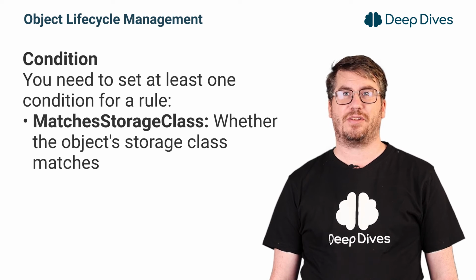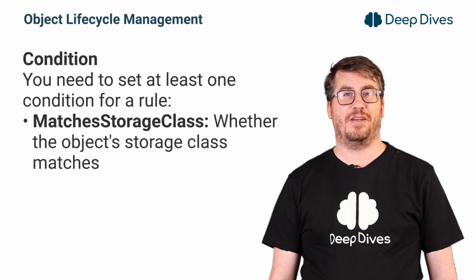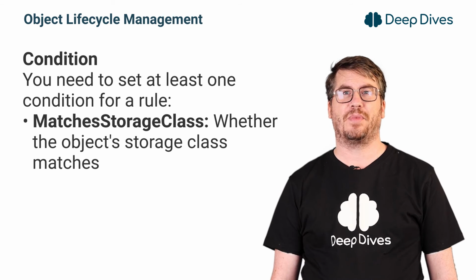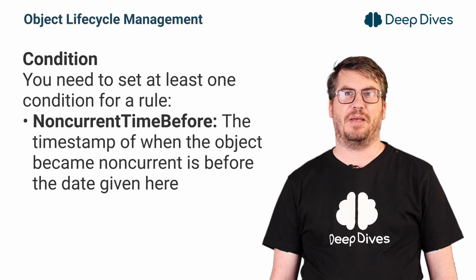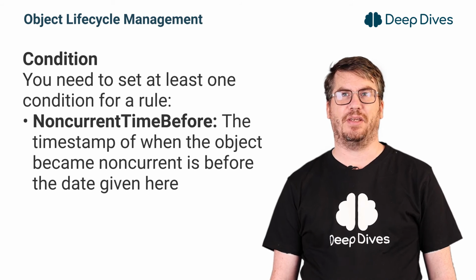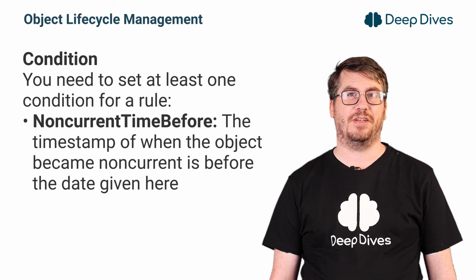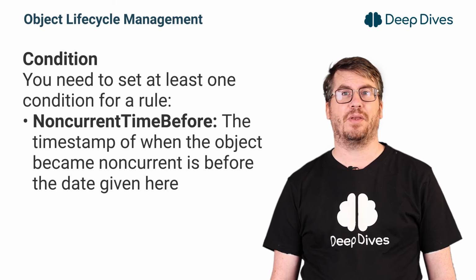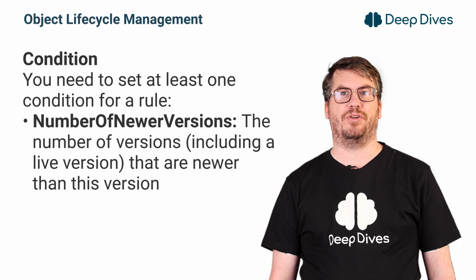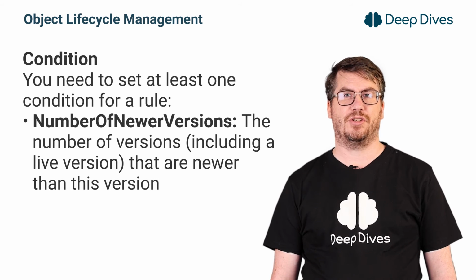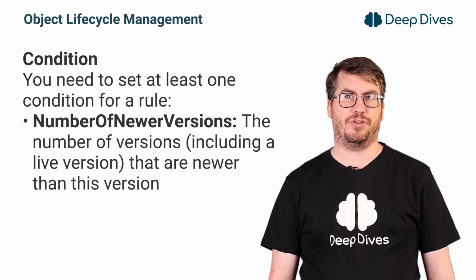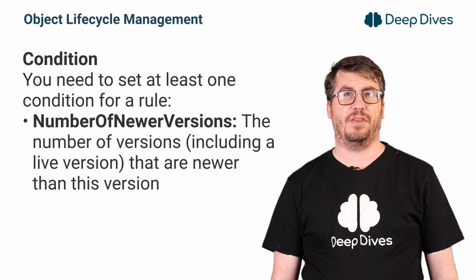Matches storage class, whether the object's storage class is what we're defining here. Non-current time before, the timestamp when the object became non-current is before the date given here. And number of newer versions, which is the number of versions, including a live version, that are newer than the version in question.